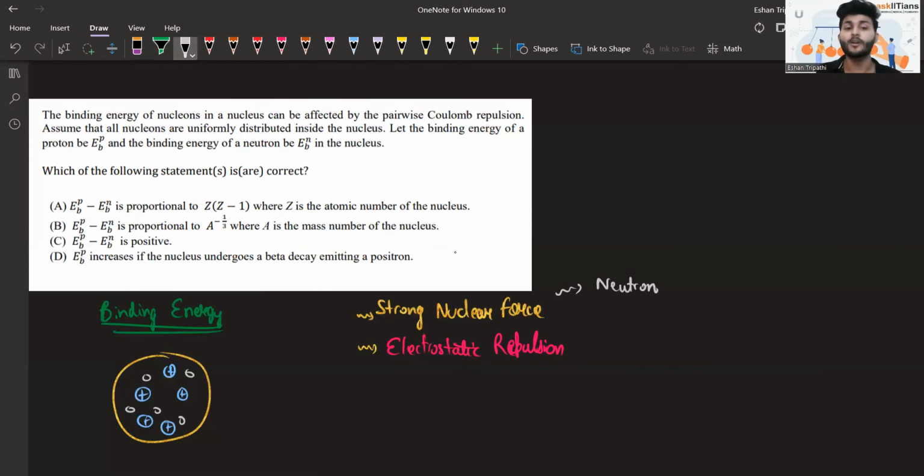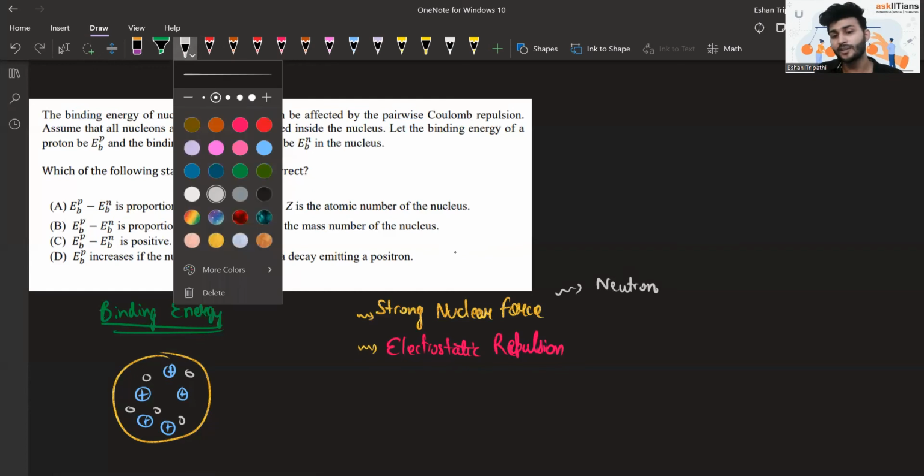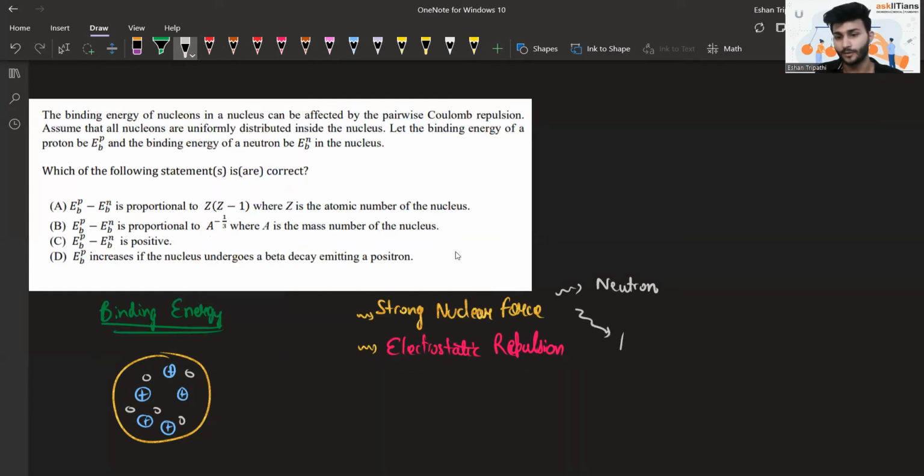Attraction will be there by the strong nuclear force, but repulsion will be there by, sorry, not weak nuclear force. What am I saying? Because of the strong nuclear force there will be attraction, and because of electrostatic repulsion there will be repulsion. So can you imagine, in this case, comparatively, protons are less bound, whereas neutrons are comparatively more bound.